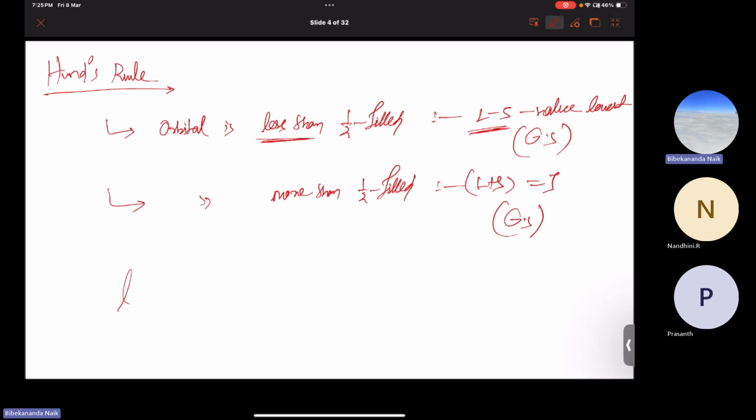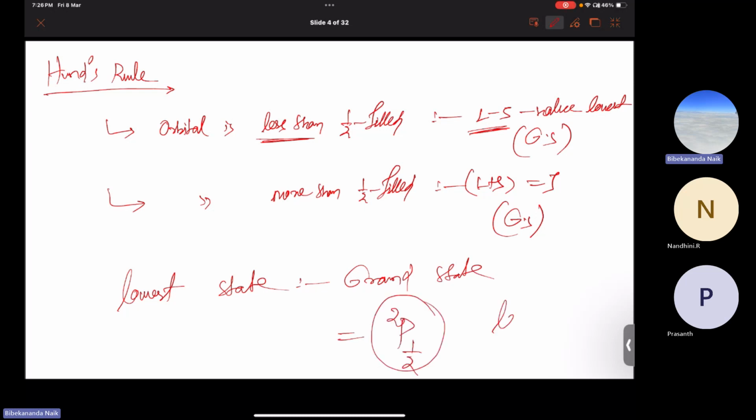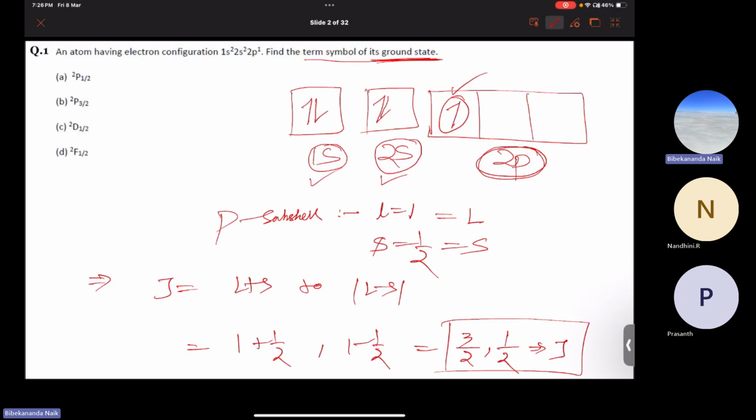So the lowest energy level, which is the ground state, will be 2p half, that is, which has the lowest J value.